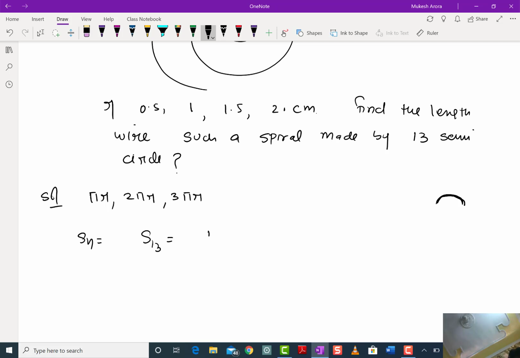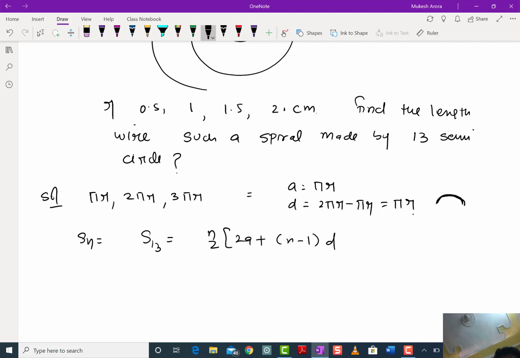S13 is equal to n by 2 into 2a plus n minus 1 d. Here a is pi r, d is 2 pi r minus pi r, which is also equal to pi r, right? So 13 by 2 into 2 into pi r plus 13 minus 1 into pi r.